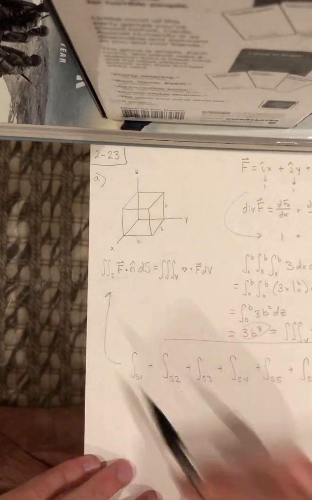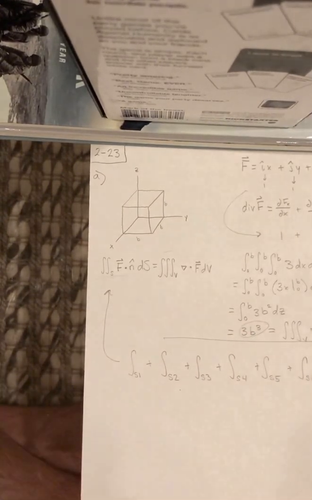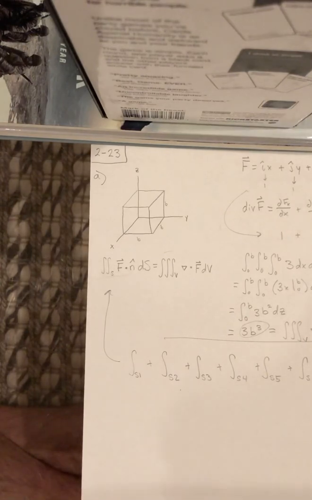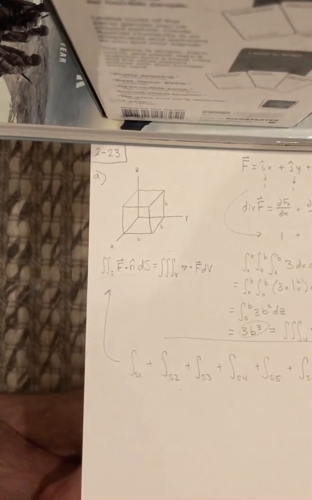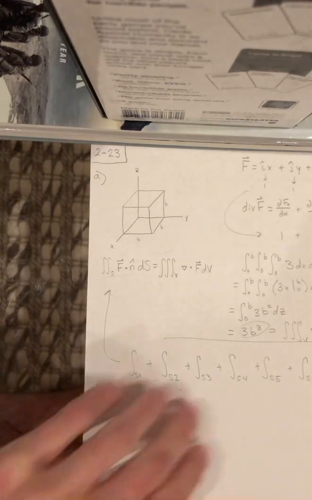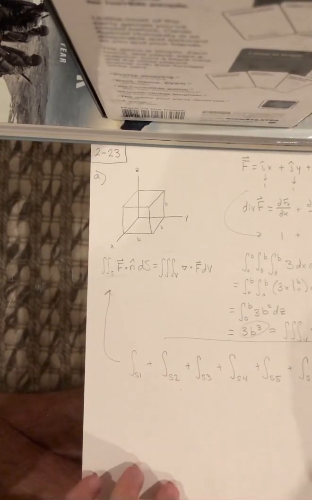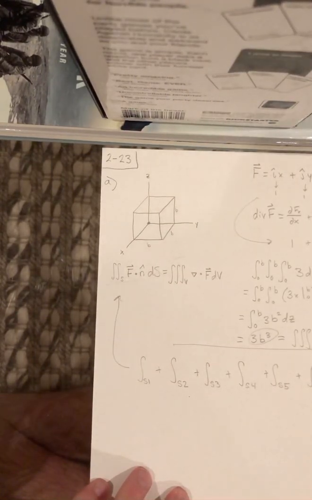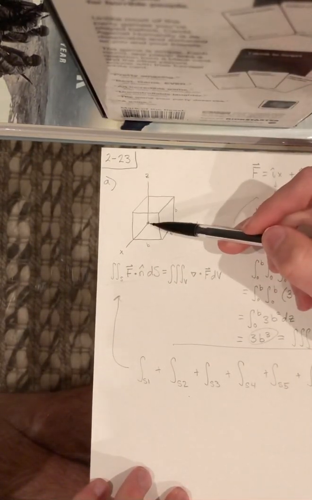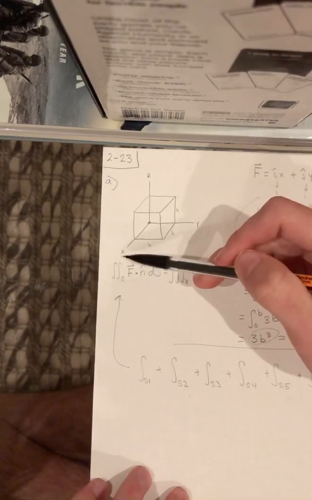This will make up the surface integral. Fortunately for us, the field is coming radially outwards from the origin, so it's going to be going up the z-axis, up the y-axis, up the x-axis, and it's going to be coming out like a sphere.